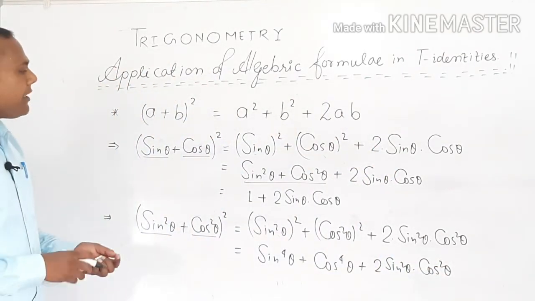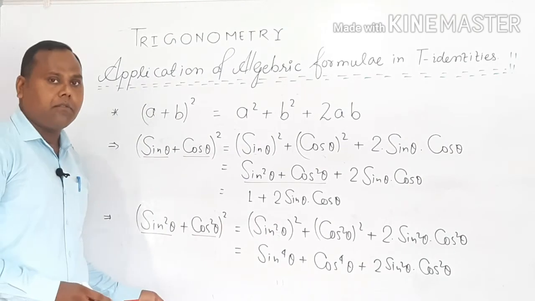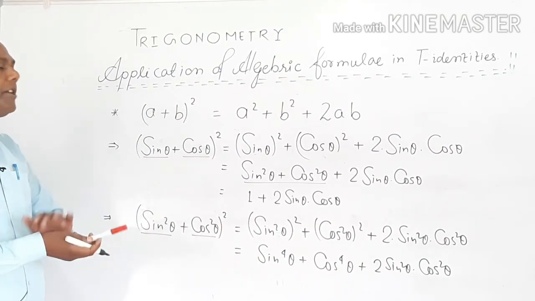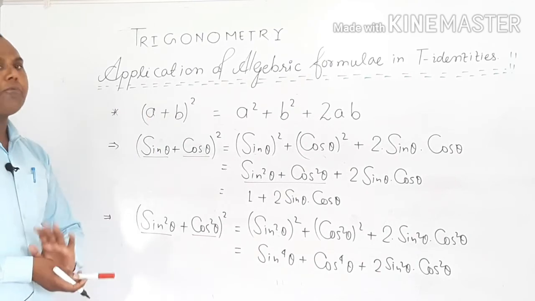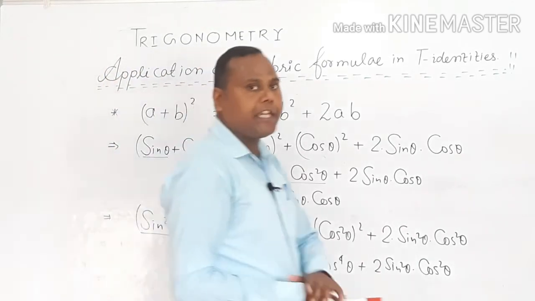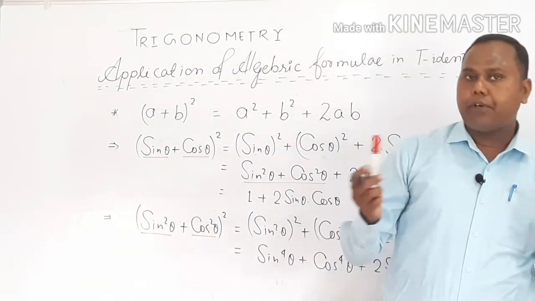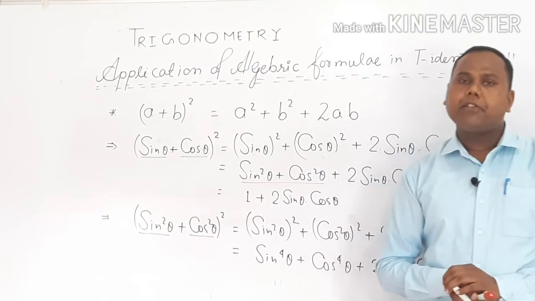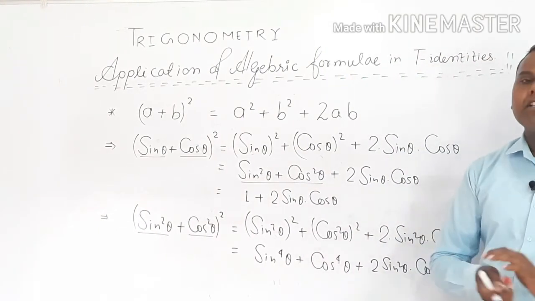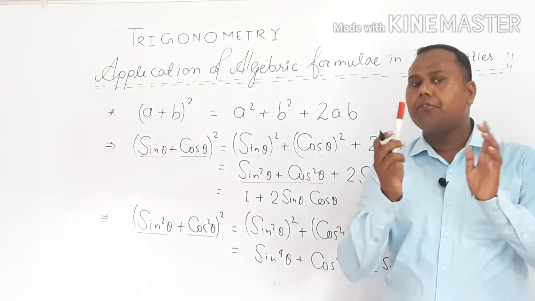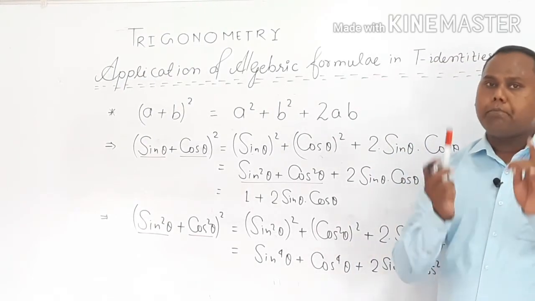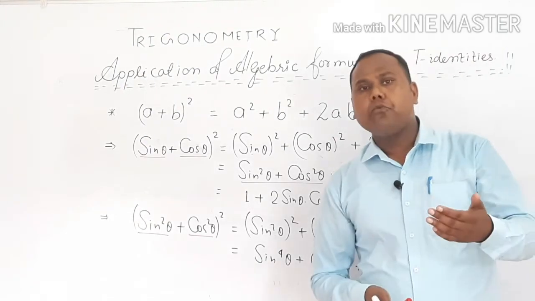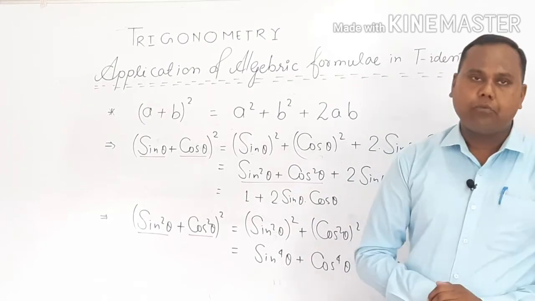So you can break numerous formulae in this way. Always remind it, a plus b the whole square means first term plus second term the whole square. That means first term the whole square plus second term the whole square plus twice of first term into second term. This is the important way to learn the formulae.